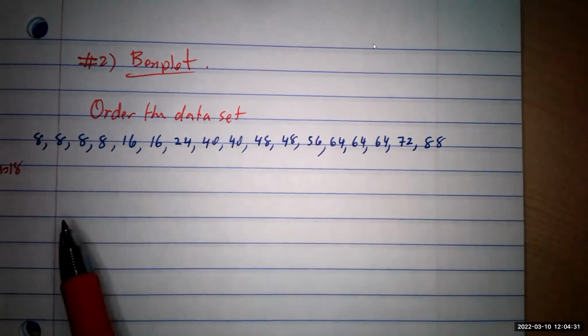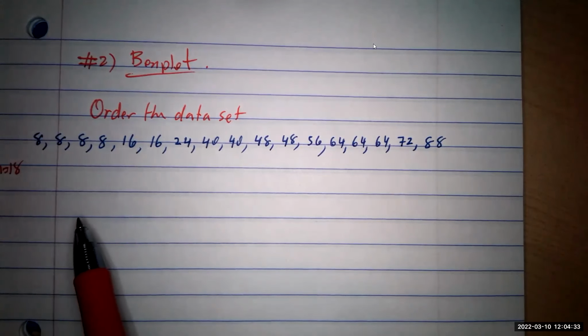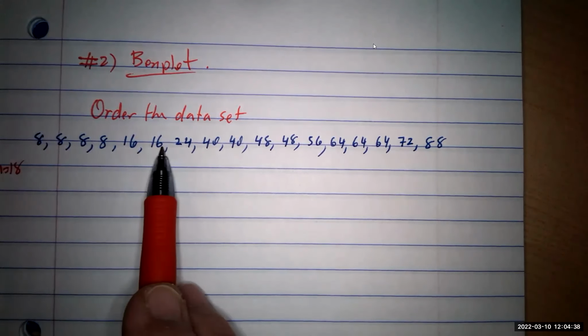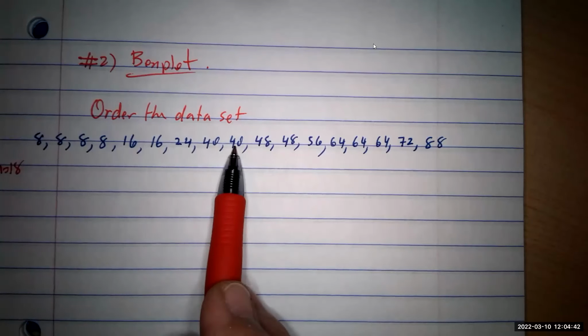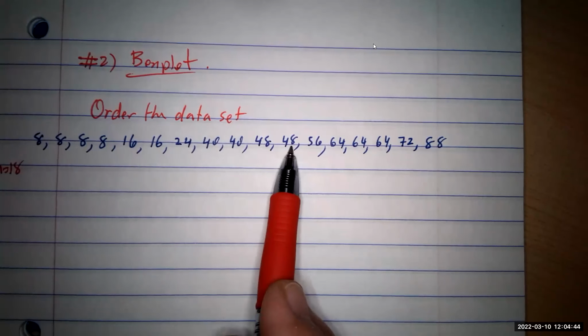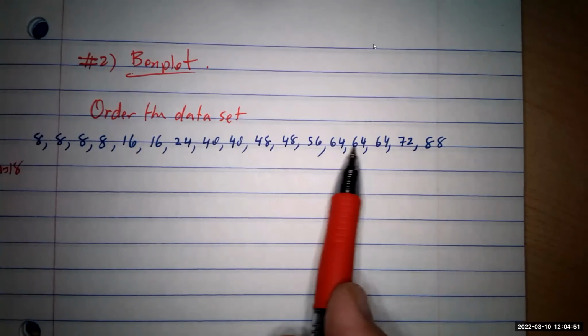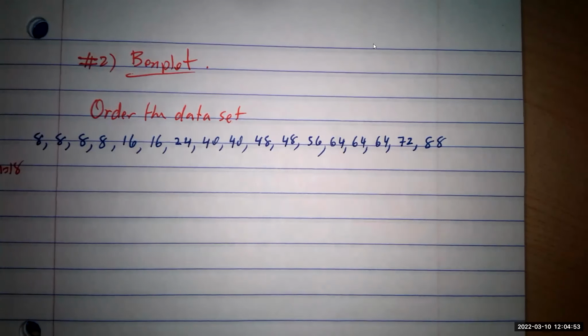Did I miss any number? So 4 8s, 2 16s, 24, 40, and I get 48, 48, 56, then 64 three times, and 72.